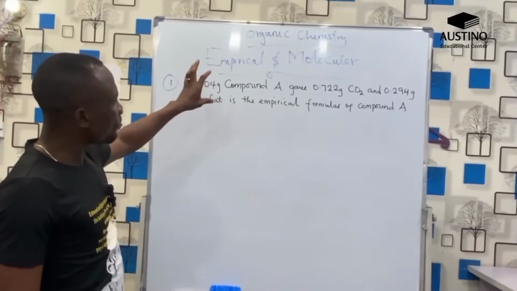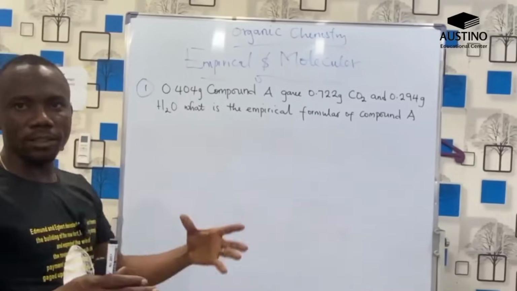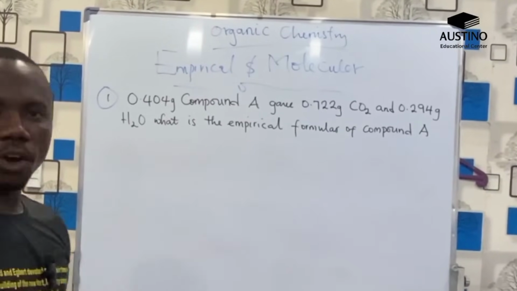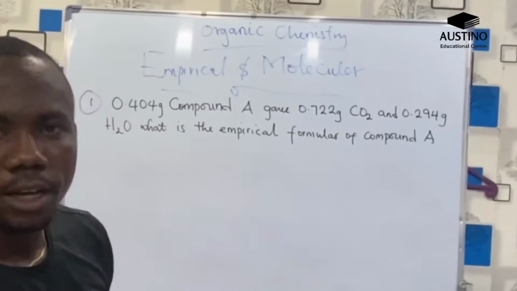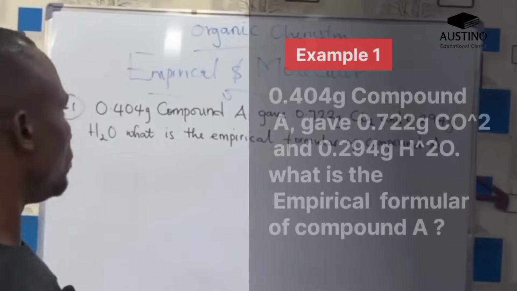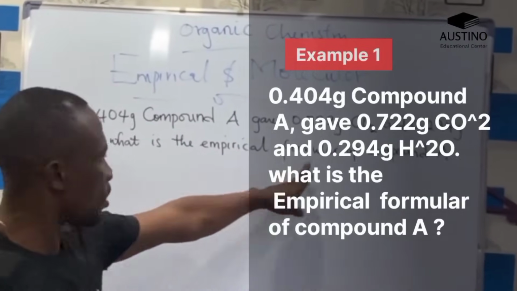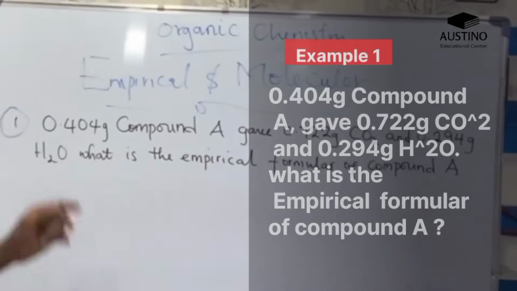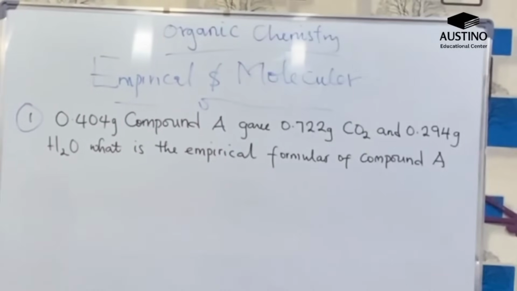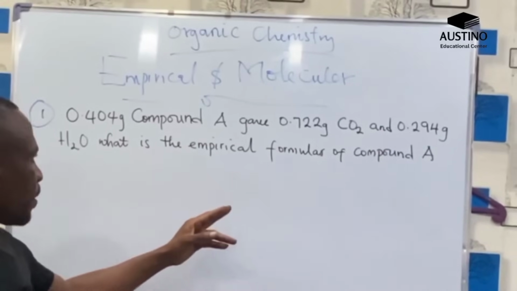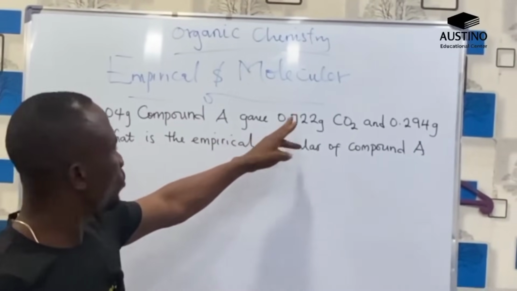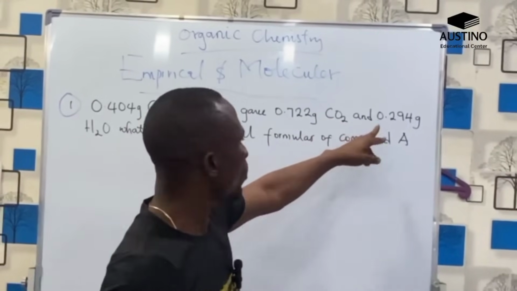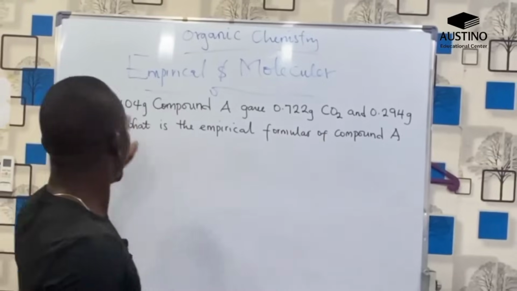All right, here before us is question number 1. This question comprises the percentage composition, the weight, and then the ratio before getting the empirical formula. Looking at the question, we have 0.404 grams of compound A, an unknown compound, gave 0.722 grams CO2 and 0.294 grams water.